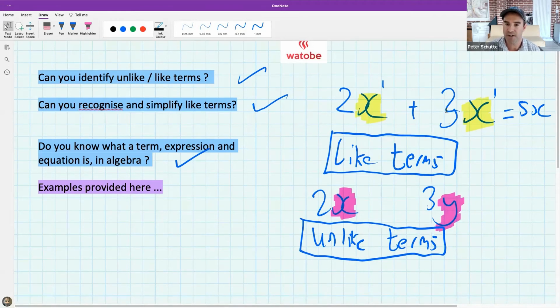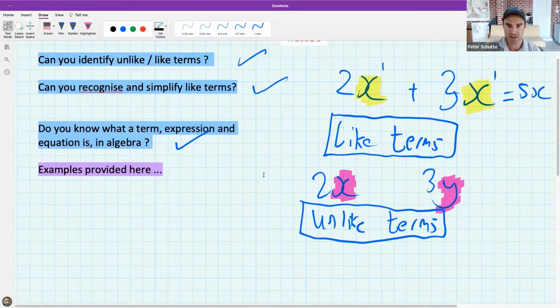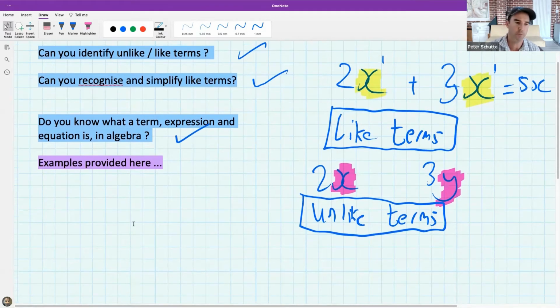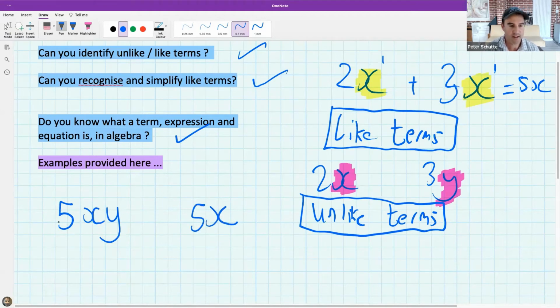Okay, why can't it be 5xy? We'll talk about that in a moment. Let me just do an example. What if I said to you, and I want you to answer this in the chat, if you've got 5xy and you've got 5x, each of these expressions is called an algebraic term.